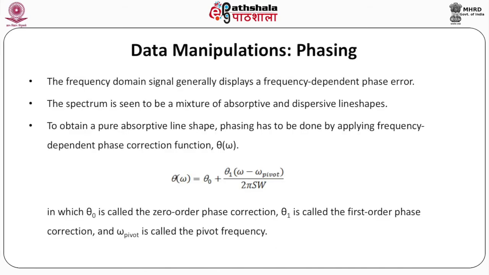Phasing of the signal. The frequency domain signal generally displays a frequency dependent phase error. The spectrum is seen to be a mixture of absorptive and dispersive line shapes.